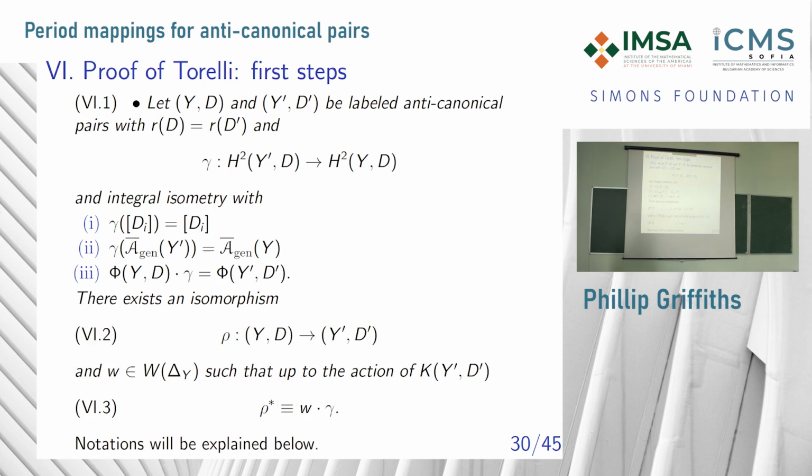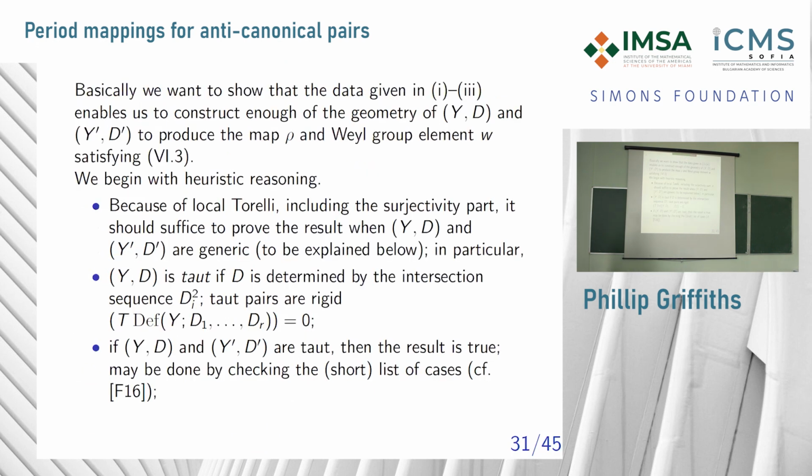Take out the D here, make this D prime. I'll explain what this is now. Then the period maps should line up, because if you have this property here, then you get a map of the pairs. Then there is an isomorphism unique up to notations that will be explained. So we're going to show that the data given above is enough to reconstruct the geometry of this anti-canonical pair.